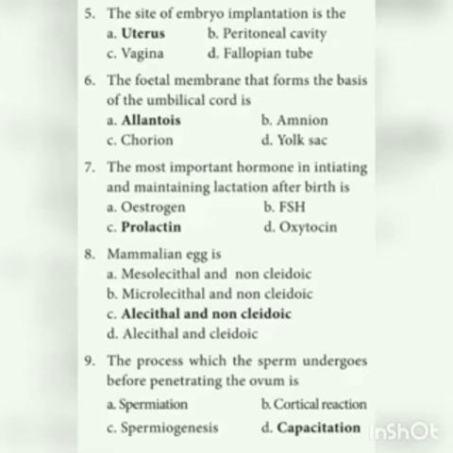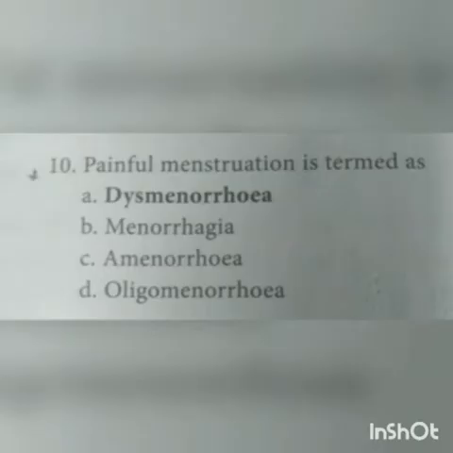So it is alecithal and non-cleidoic. The process which the sperms undergo before penetrating the ovum is capacitation. Painful menstruation is termed as dysmenorrhea. It is a disorder of the menstrual cycle.